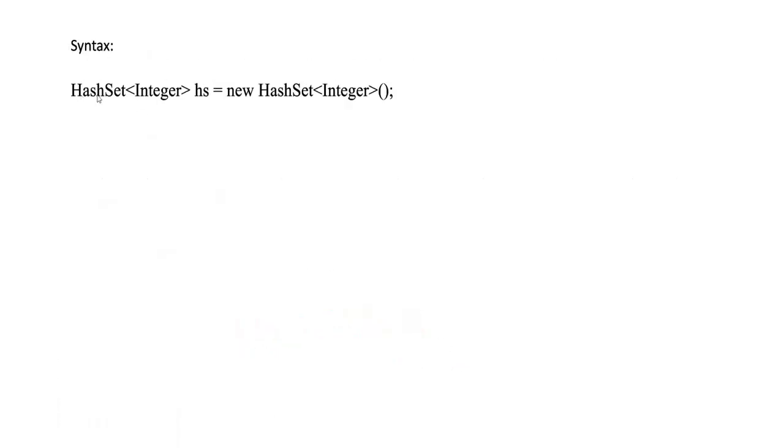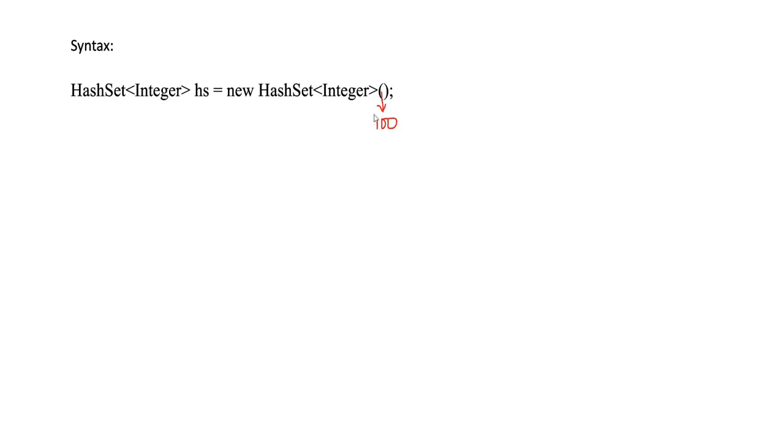So this is the syntax of HashSet. I said that we can customize the load factor value, and also the capacity, because the default capacity is 16. If I want to specify that I want 100 elements to be stored, I can define it like this. In this bracket, I can specify how much capacity I want.